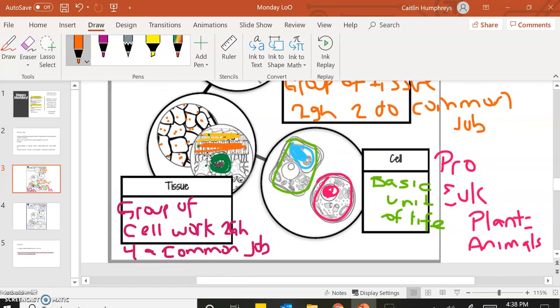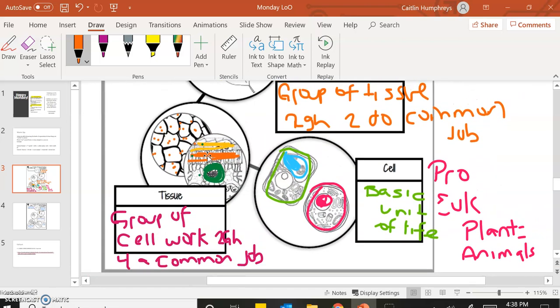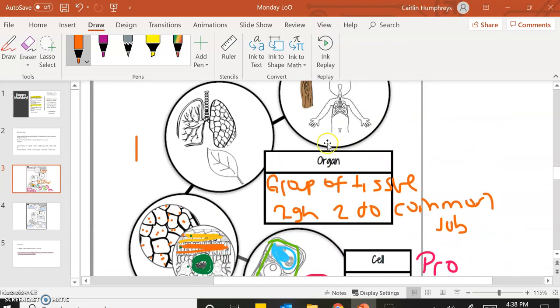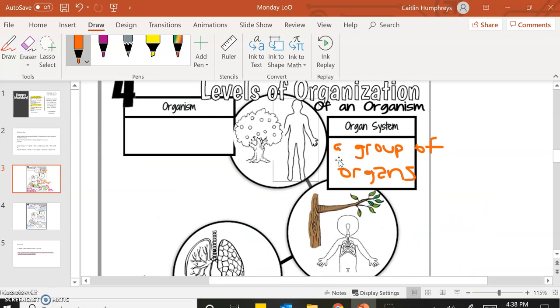Another example is you have cardiac cells, specific cells for your heart. Those cells come together to create cardiac muscle, your heart muscle. Those muscles come together to create your heart, which is an organ. And your heart is part of the circulatory system. Your heart, your blood, your veins and arteries come together to create an organ system.